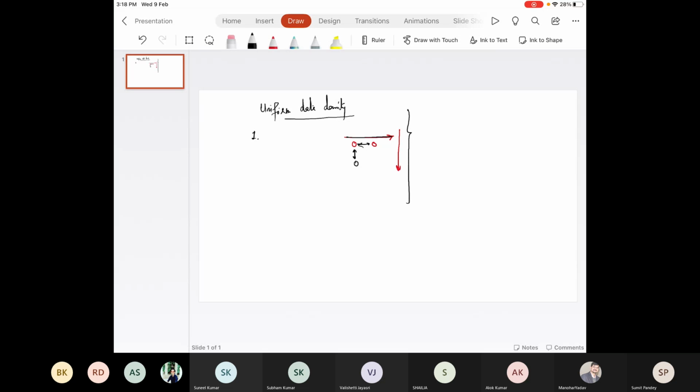Along the scan line, if this spacing is delta x, density along is equal to 1 divided by delta x. And if this spacing is delta y in the across direction, density across the scan line is equal to 1 divided by delta y.